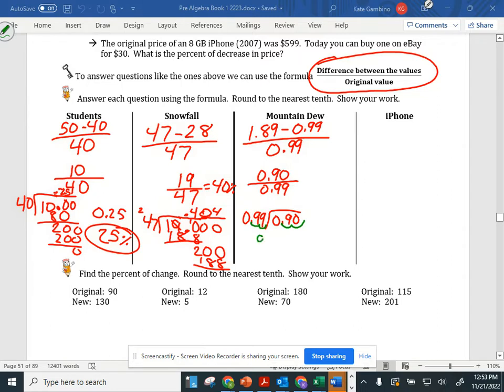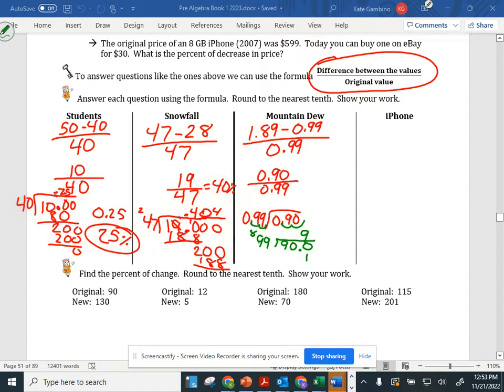So now I have 99 divided into 90. Right? So now I'm going to make that 900 because 99 can't go into 90. I know 10 times 99 is 990, so I'm going to go to the 9 because that's super close.